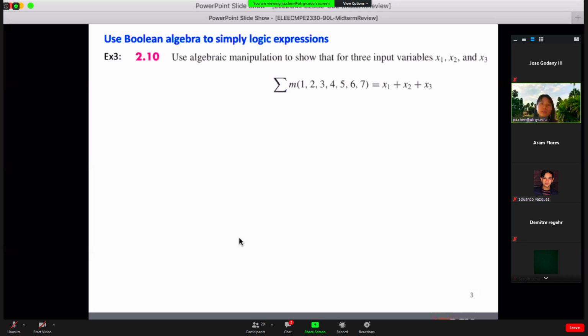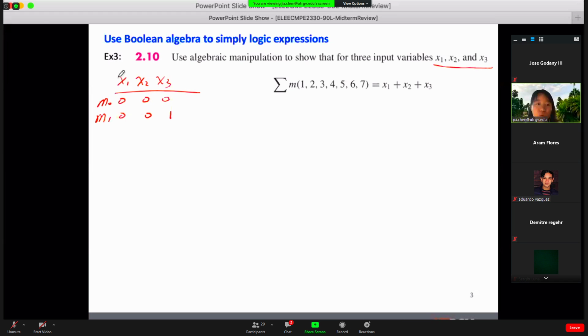Okay, here, usually when I say x1, x2, x3, three variables, the first one you mention is on the most left of the truth table. And then you say, okay, 0, 0, 0 is your M0, 0, 0, 1 is your M1, and so on and so forth.